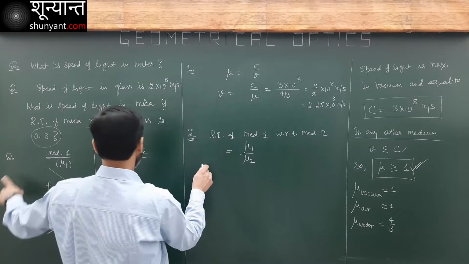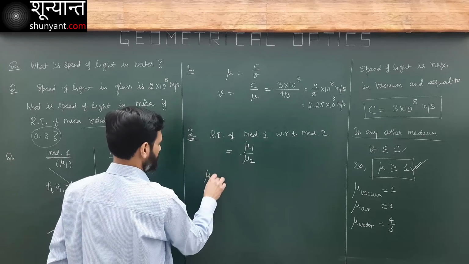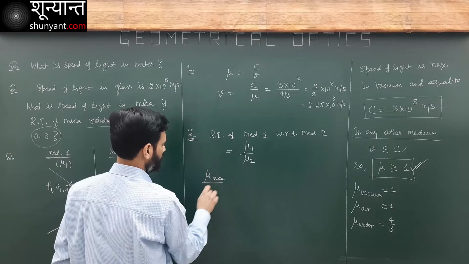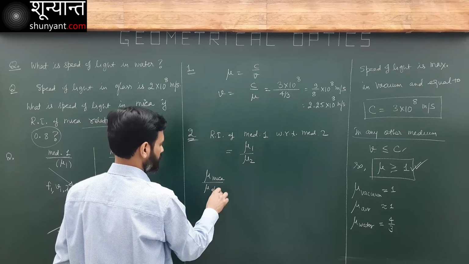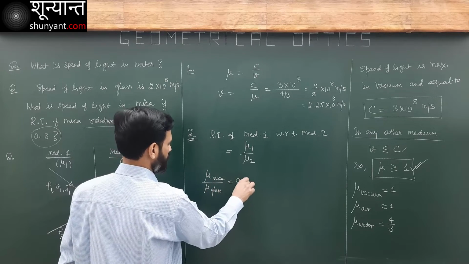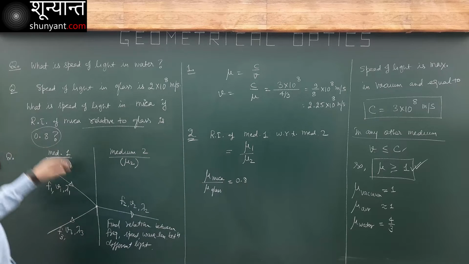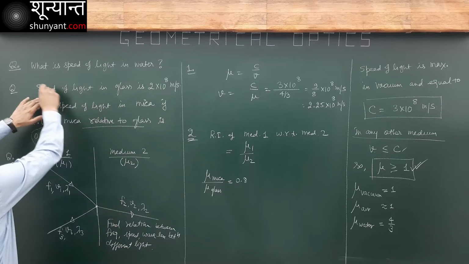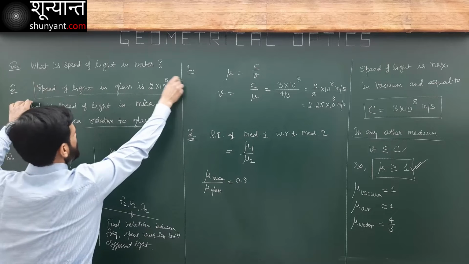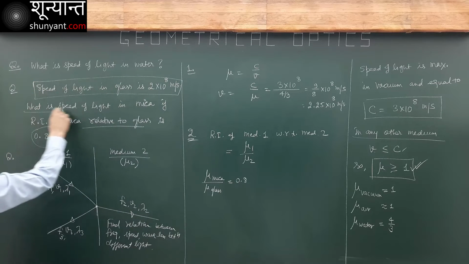So now, what is given here is the refractive index of mica over the refractive index of glass is equal to 0.8. Now what do I have to find? The speed of light in glass is this. What is the speed of light in mica?